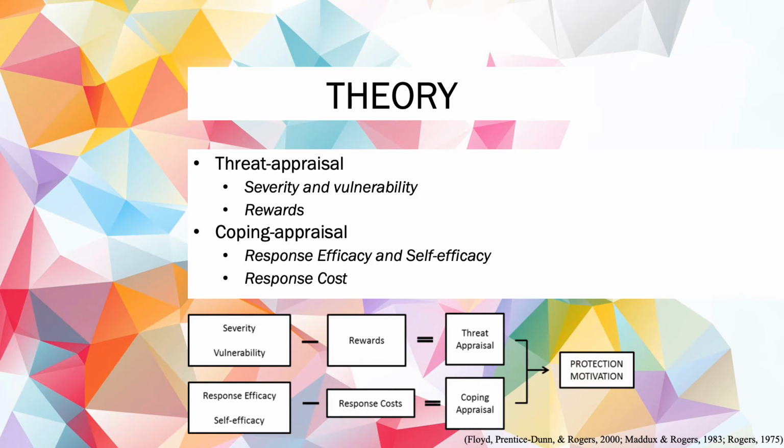If the severity and vulnerability are high and the rewards are low, normally an adaptive intention will be formed through this protection motivation, through threat appraisals, and the opposite will happen if the rewards are higher.